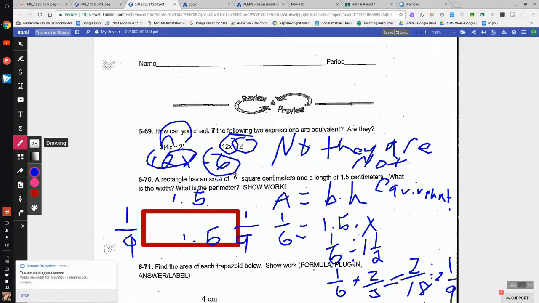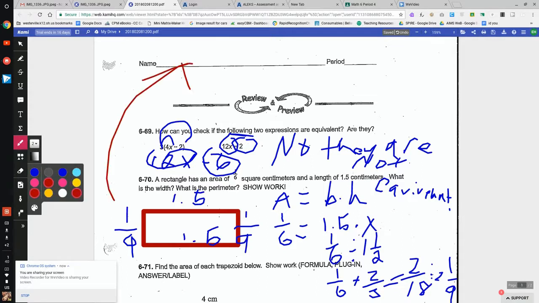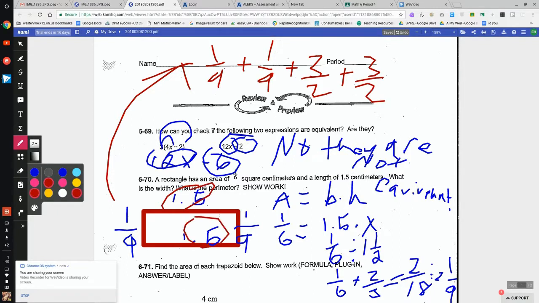So now I got to add my perimeter. 1/9 plus 1/9 plus 3/2 plus 3/2. I'm going to get a different color and move this up to here because I got to show a lot of work. So again, I have 1/9 plus 1/9 plus 3/2 plus 3/2, which we already said earlier. 1.5 plus 1.5 is 3.